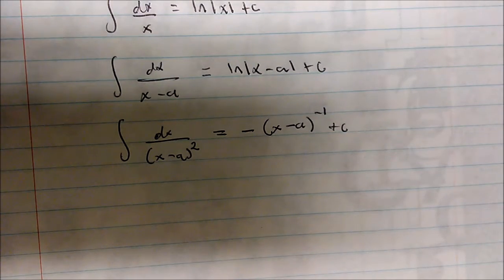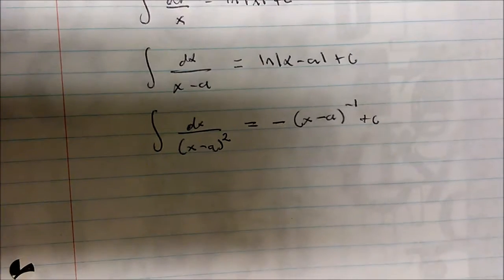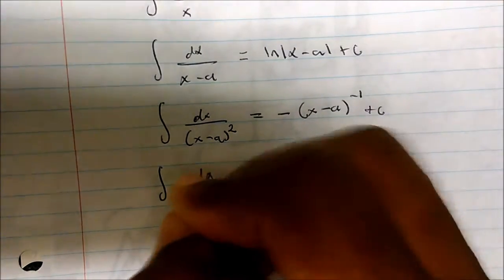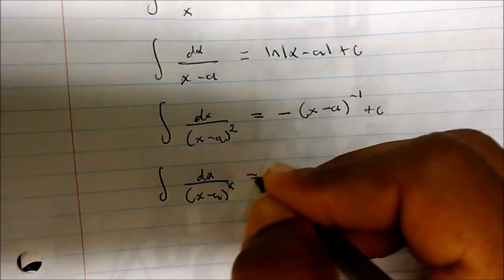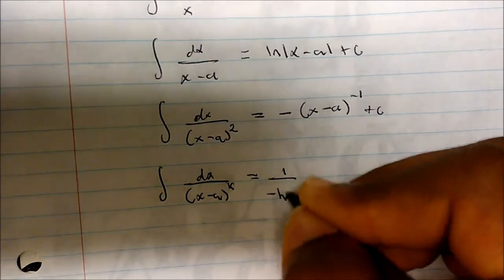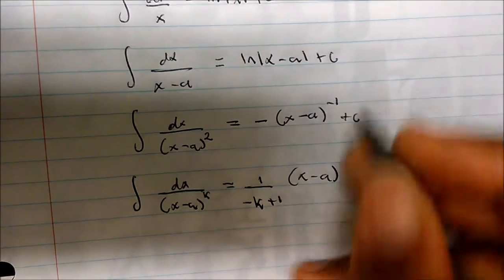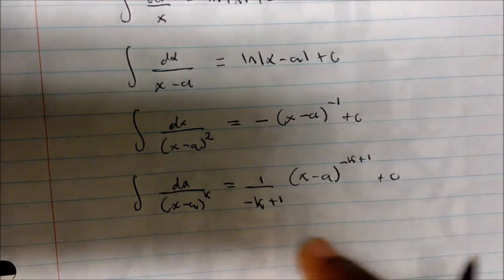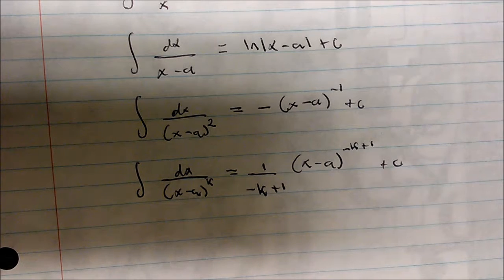We need to remember this. The general form is, for dx over x minus a raised to the k power, that equals 1 over negative k plus 1 times x minus a raised to the negative k plus 1, plus c. This is a general form that we should know.